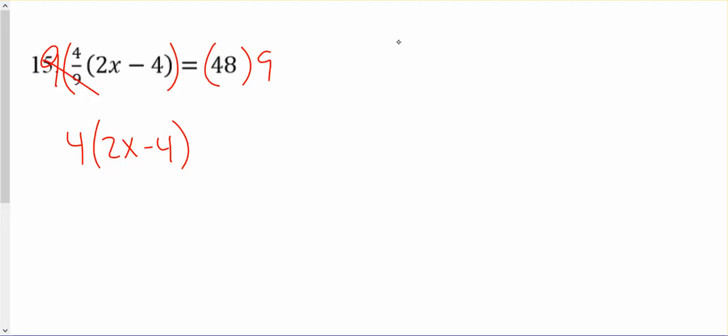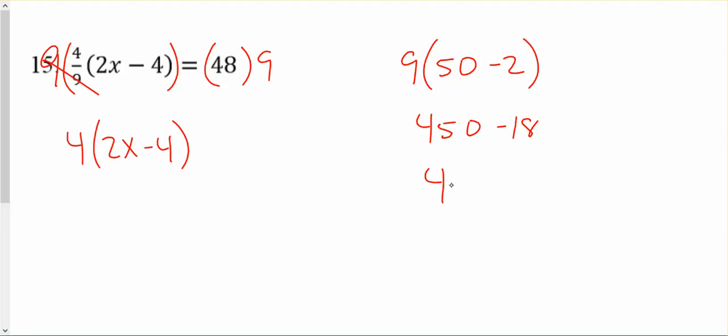We can do this as a distributive property. So 9 times 50 is 450. And 9 times negative 2 is negative 18. So 450 minus 18 would be what? 432. So that equals 432.